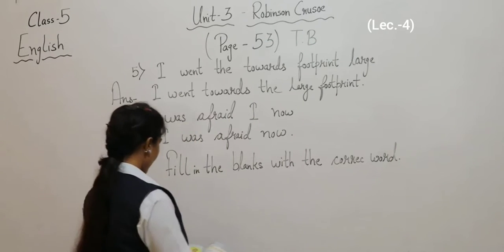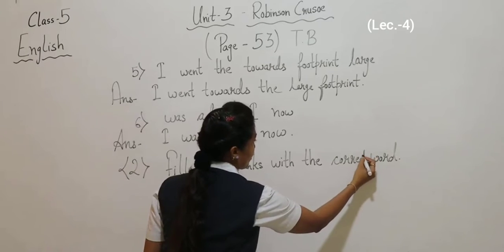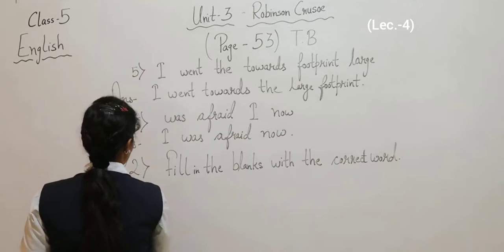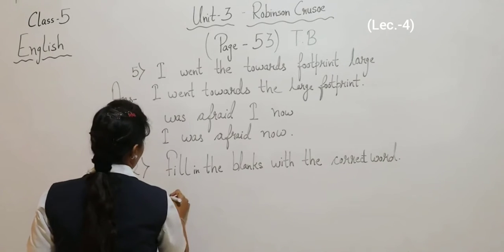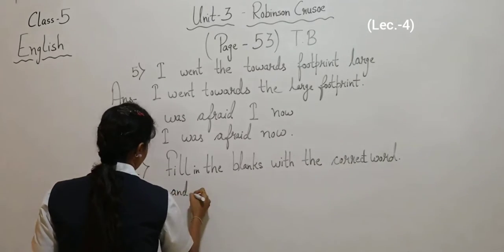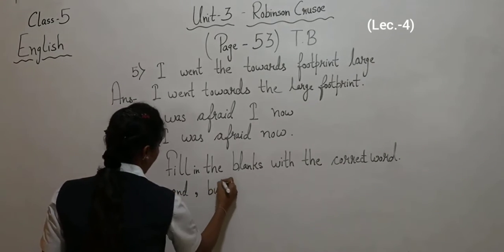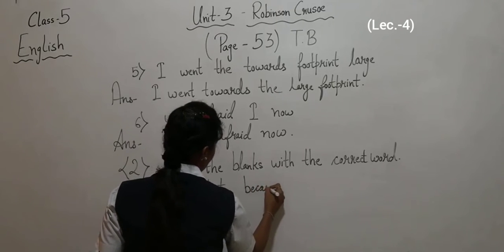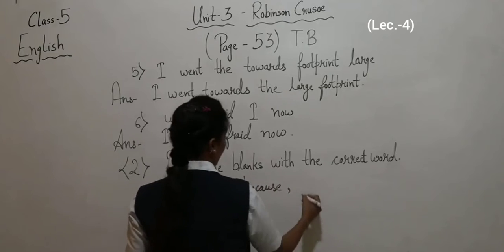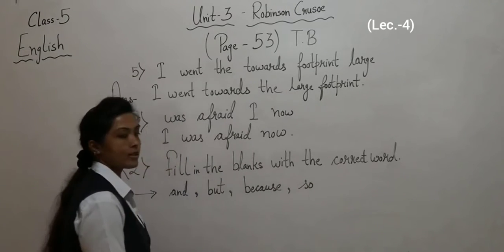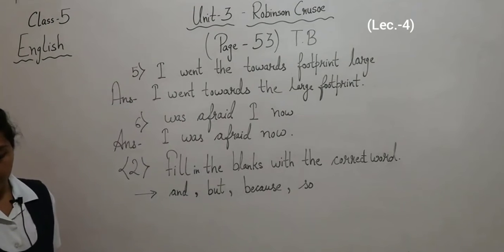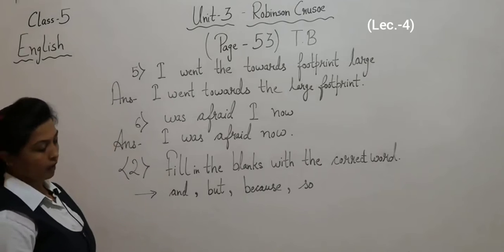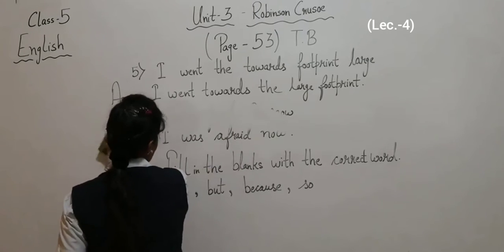So, with the help of the word box, we have to fill the given blanks. In the word box: and, but, because, so. These words are given. Now, with the help of the given word box, we have to fill the blanks.